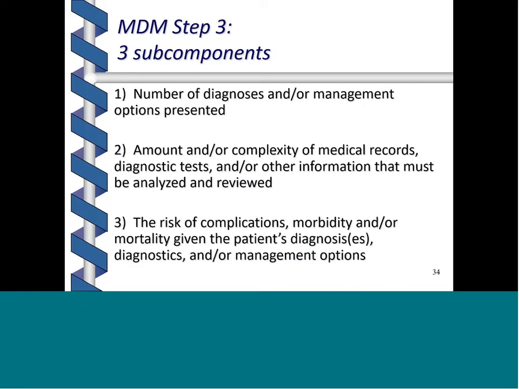It looks at the number of diagnosis or management options that you were presented with, the amount and complexity of the medical records, diagnostic tests, or further information that must be analyzed and reviewed, and the risk for the patients for complications, morbidity, or mortality given the patient's diagnosis, diagnostics, or management options.